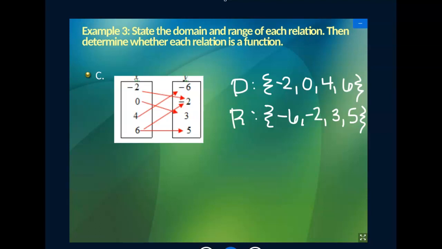The arrows tell us that it goes from the left number to the right. So this -2 going to -2 is kind of like the ordered pair -2, -2.